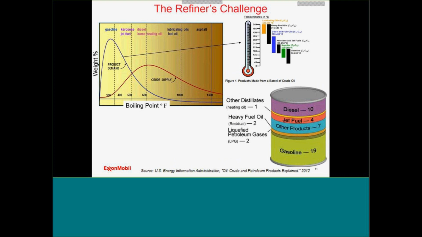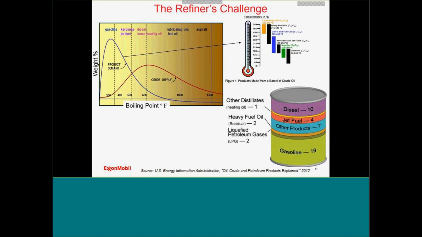Okay, I'd like to now shift gears and transition the discussion to petroleum substances that are made from crude oil. This figure, I think, is instructive because it attempts to capture the challenge presented to refiners that need to make petroleum substances from crude oil.